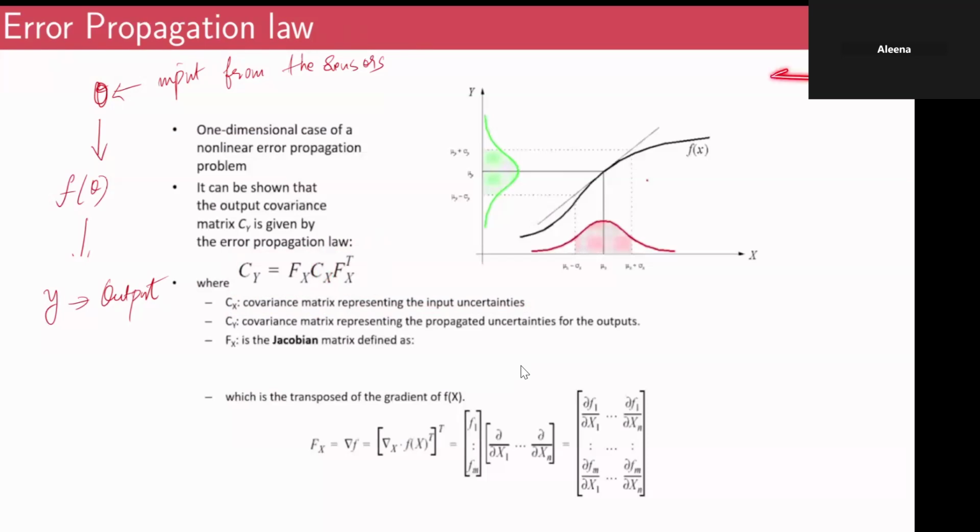Each of these wheels will have multiple sensors, and this matrix basically gives a quantification of the uncertainties associated with the sensors. Then the uncertainty for the output, or the estimated position, is given by this expression, Fx Cx Fx transpose, where this Fx is something we call a Jacobian matrix.